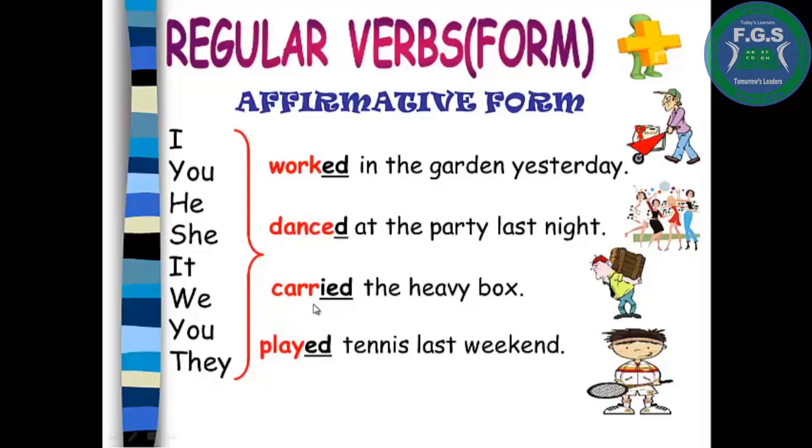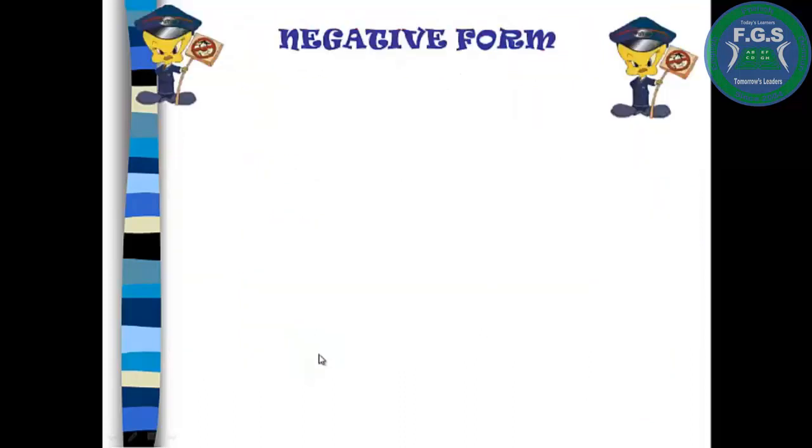Here in carried, the verb carry in infinitive form ends with y before it a consonant r, so we change y to ied. But here in play, before y is a vowel, so we don't change y, we put ed only. Negative form.